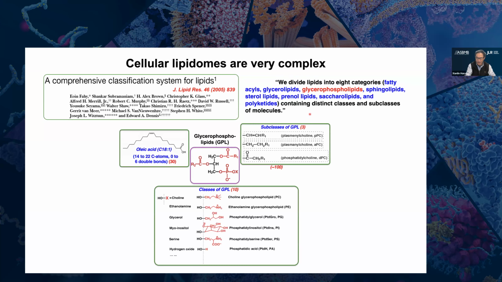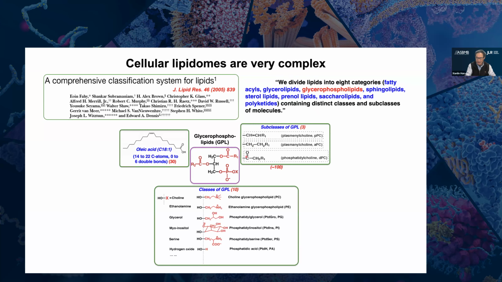Here is a simple way to illustrate this category of lipids. It looks very simple, with glycerol at the center, but it contains 3 variables, X, R1, and R2, which make this category of lipids very complicated.